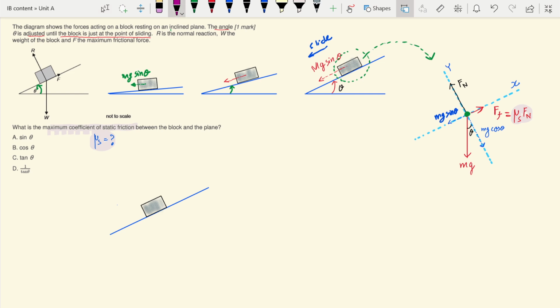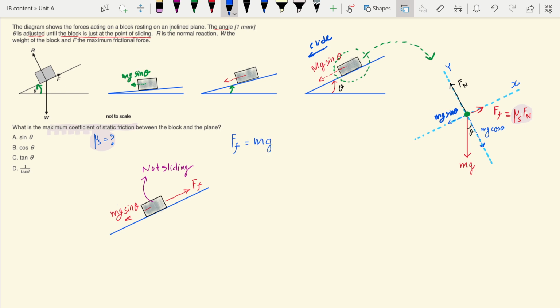So students, if this block is not sliding or is just about to slide, it means that the forces along the x-axis, the frictional force and the x component of the weight, must be equal to each other. Don't you think this is an equilibrium?